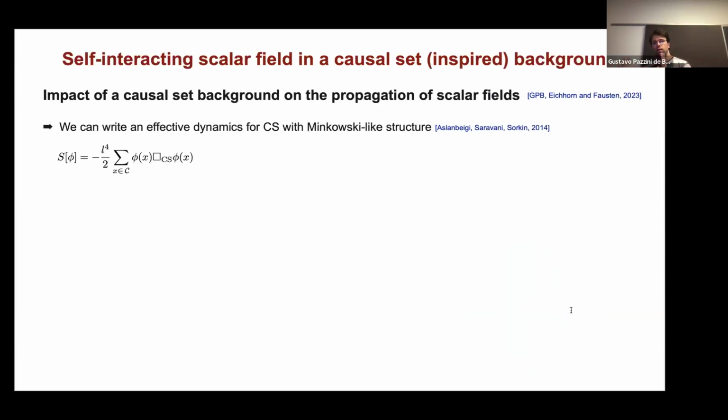So let me move to a slightly different direction now. And let me just go back to the point of propagation of fields in a causal set background. So the idea is I want to study how a causal set background impacts self-interactions of a scalar field propagating in such a background.